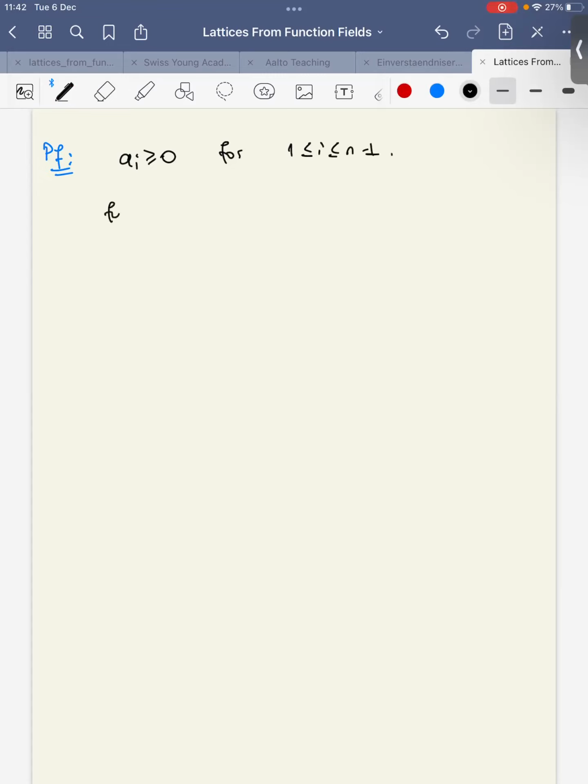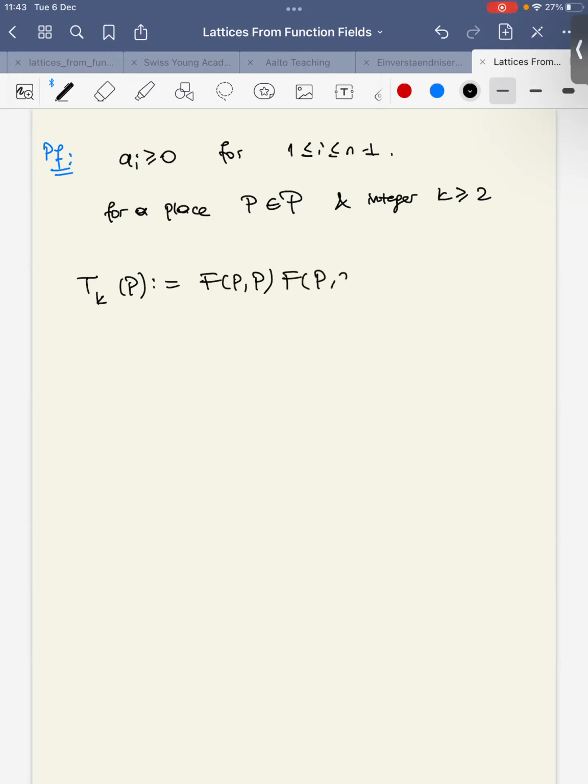And for a place P in this n-tuple, in the set of rational places, and for an integer K, just to simplify the notation, we will denote this product of the function which relates P and their K summands by T_k of P.